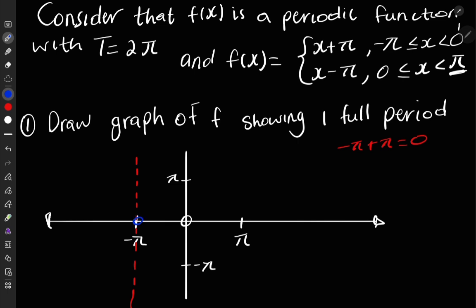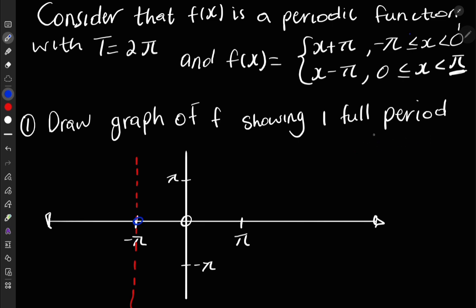Then you can check the inequality. It tells you whether this point, negative pi, is included or not. If it says less than or equal to, that means that point is included. But if it just says less than, that point is not included.